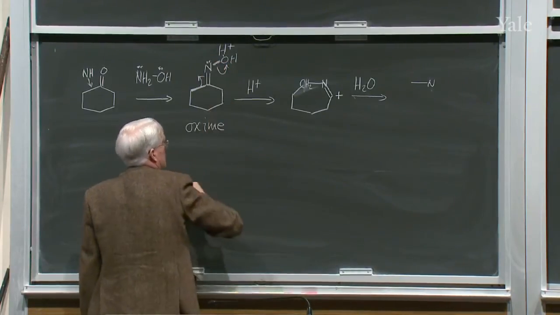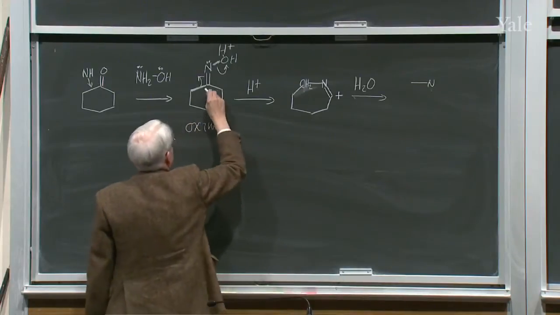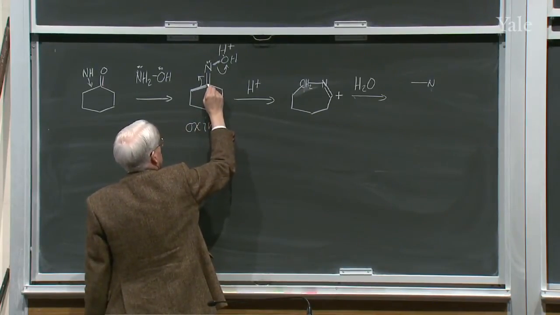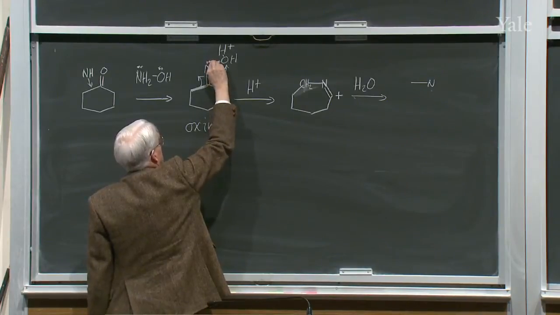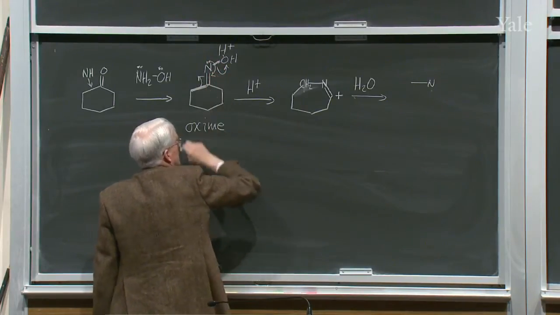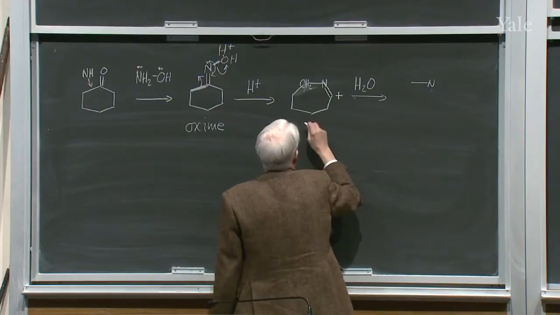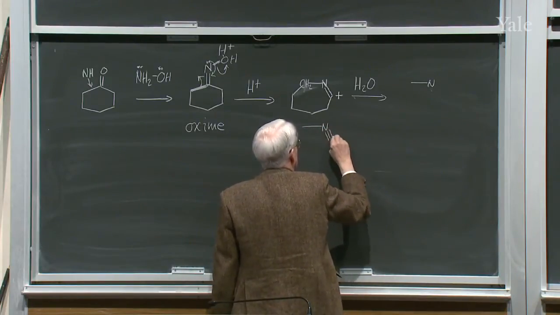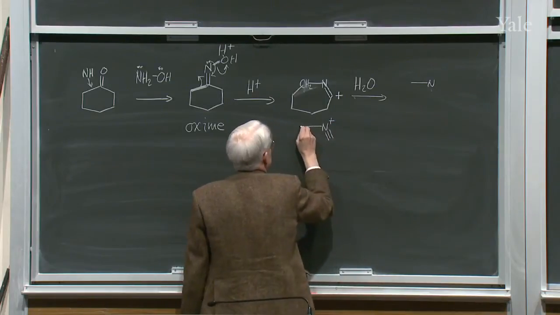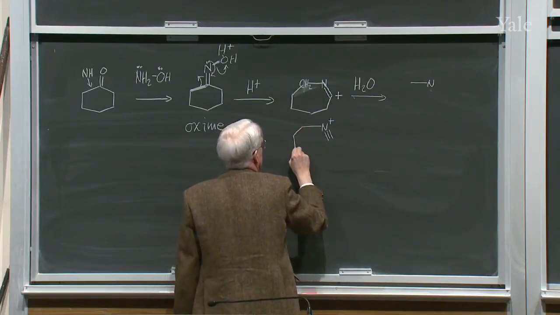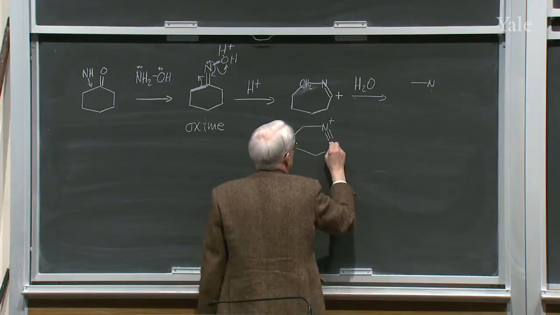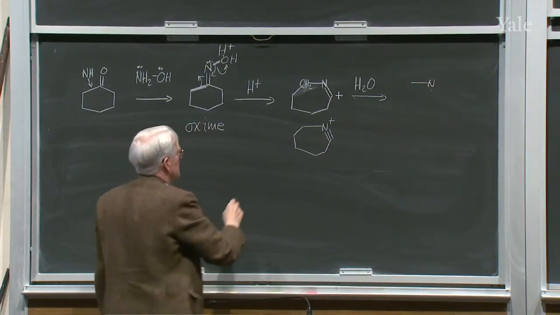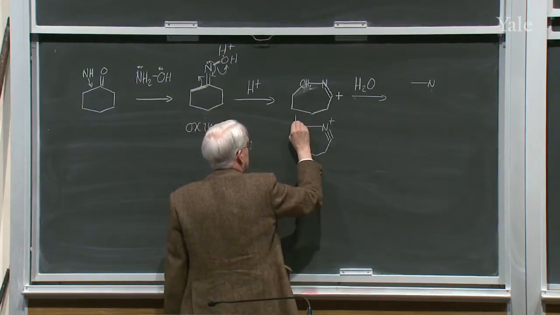But there's another pair of electrons on the nitrogen, and at the same time that these electrons are leaving from this carbon, these electrons can go toward that carbon. And if that happens, we get a resonance structure of this thing, which has the positive charge on the nitrogen, right? So it's not as unstable as you might have thought.